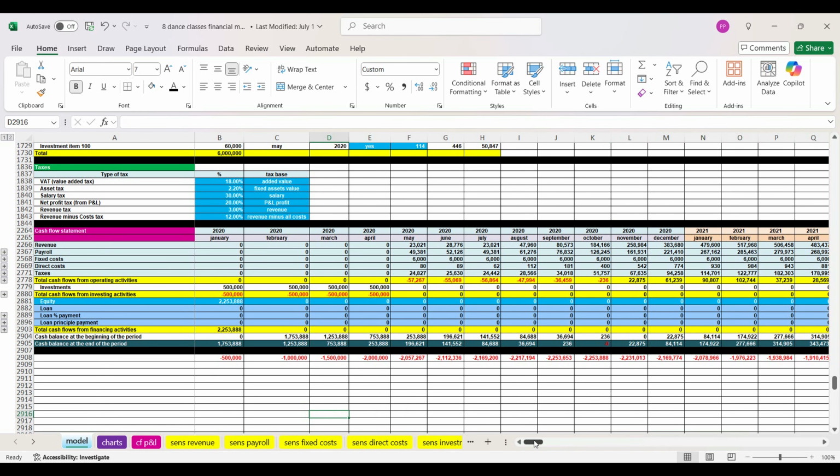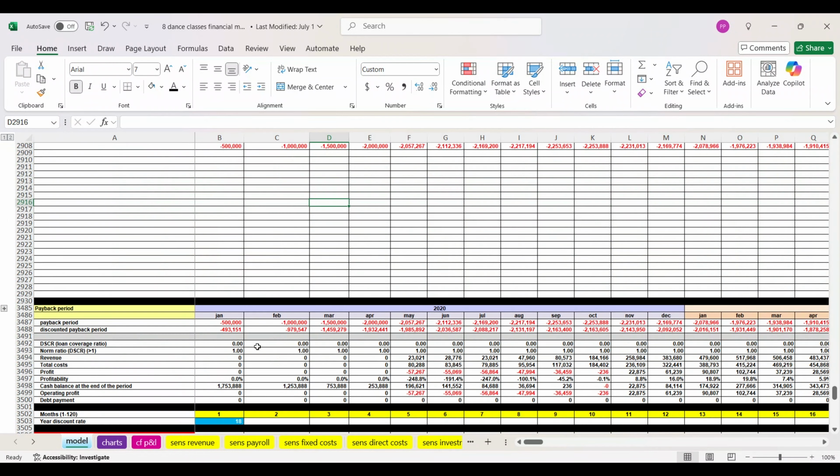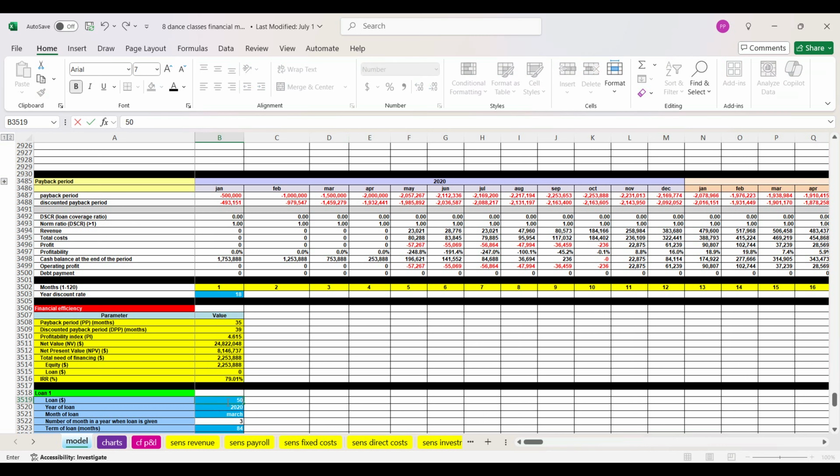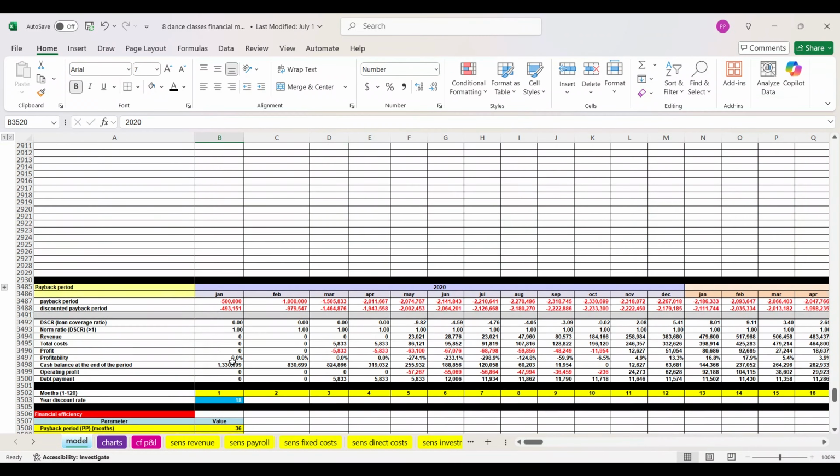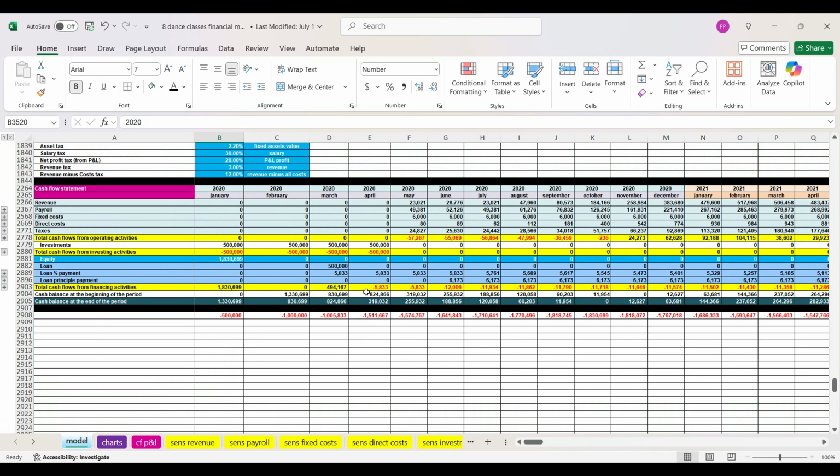So for example, we would like to add a loan to our project. Let's say we would like to add a $500,000 loan. So we are adding a loan here, and at this point in October 2020 we can see also a 0, but this time we need equity of this amount, and also we need a loan here. So we can create a very simple table, total financing needed.